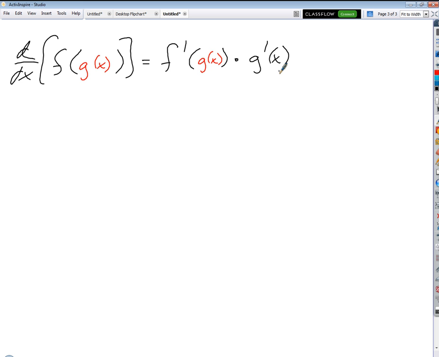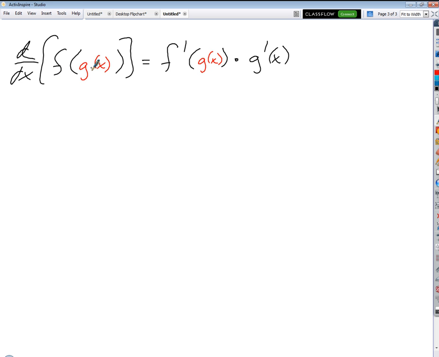Now, can we relate this to the clock example? This is like saying the rate of change, like let's say f of x is the angular function that tells us how fast the minute hand is moving with respect to the hour hand, right? Actually, I did it backwards. Second hand with respect to minute hand would be f of x.